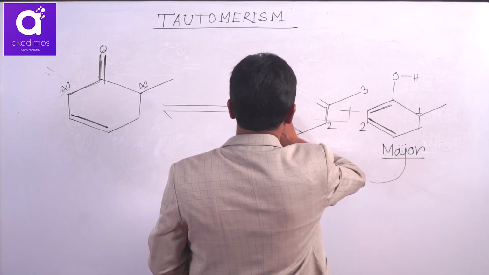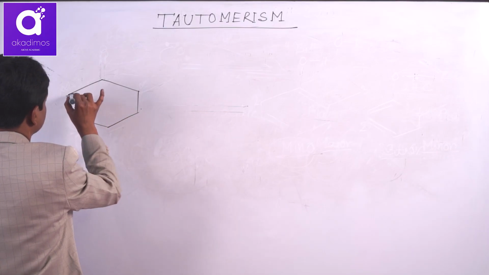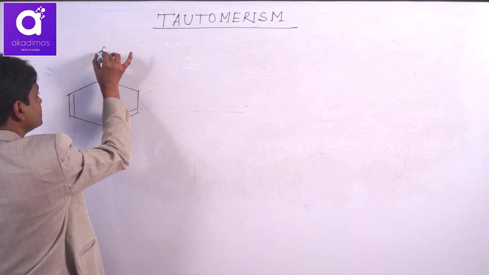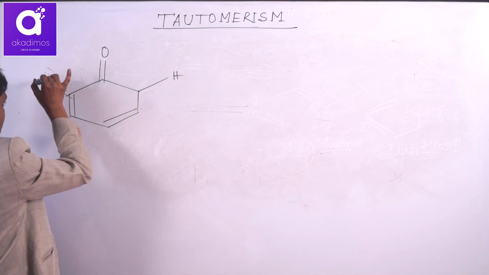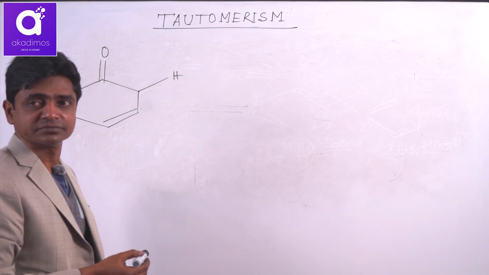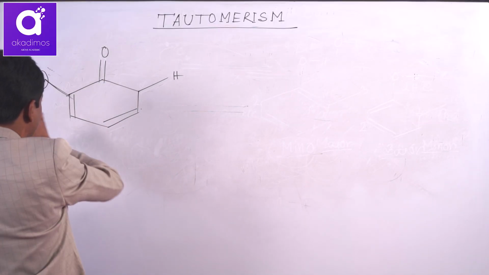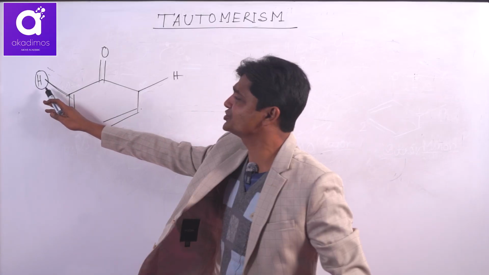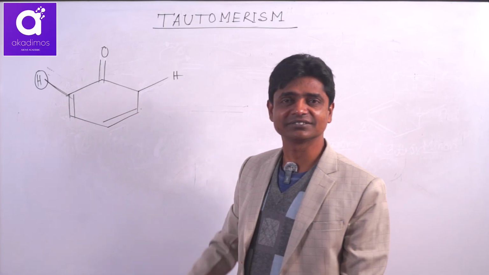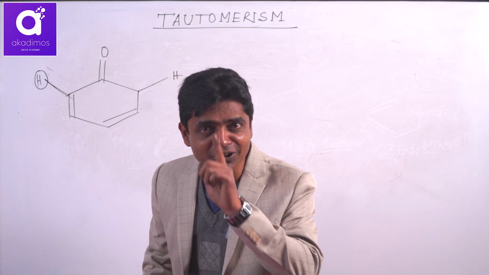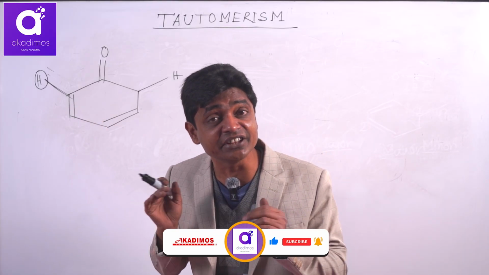Now, I will take another example. Let this one be the keto form. Here also you will get two different hydrogens. The two hydrogens are different. But remember, if I take this hydrogen, then there you have to put a pi bond here. That is a consecutive pi bond. Consecutive pi bond means this carbon becomes sp hybridized.